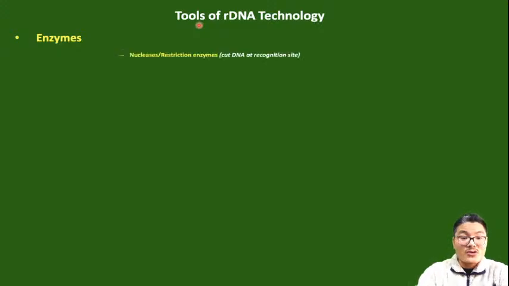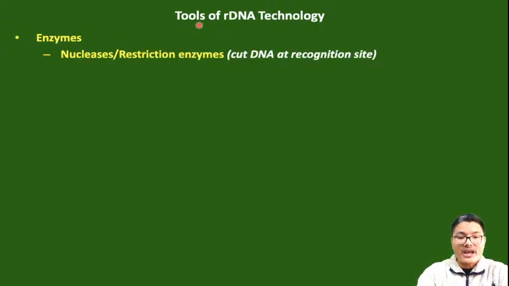So we have nuclease or restriction endonuclease enzymes, which cut the DNA at the restriction site or recognition site. We also call them restriction enzymes, and restriction enzymes cut DNA at the recognition site or restriction site.